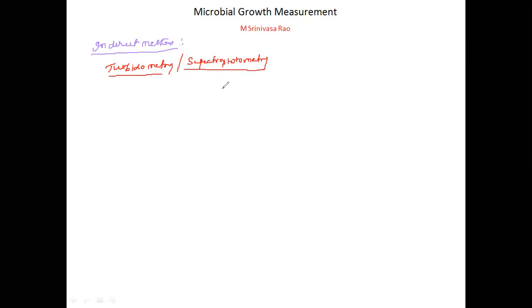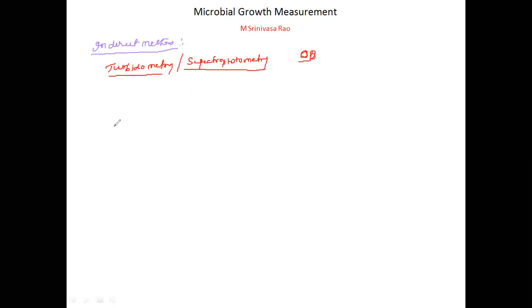Both these techniques help in estimation of microbial growth according to the optical density. And it is the easiest method. In previous sections, we learned about the microbial growth curve. In that, the growth curve can be obtained by using a turbidometer or spectrophotometer. This is a simple technique and simple process which can be done in our laboratories.